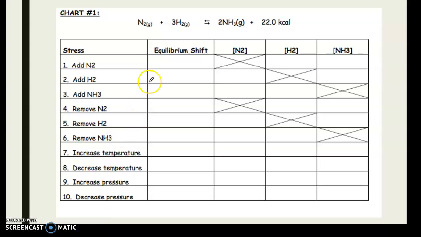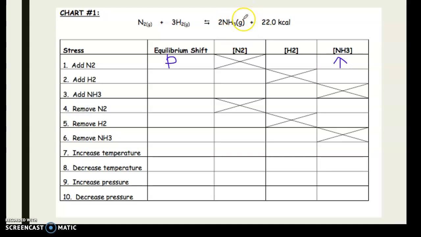So let's get started. If we add N2, we're going to shift away because we're doing an increase. So when we add N2, we're going to shift away. So that means we're going to go towards our product side, right? And because we shifted away from our reactant side, that means the concentration of NH3 is now going to increase.